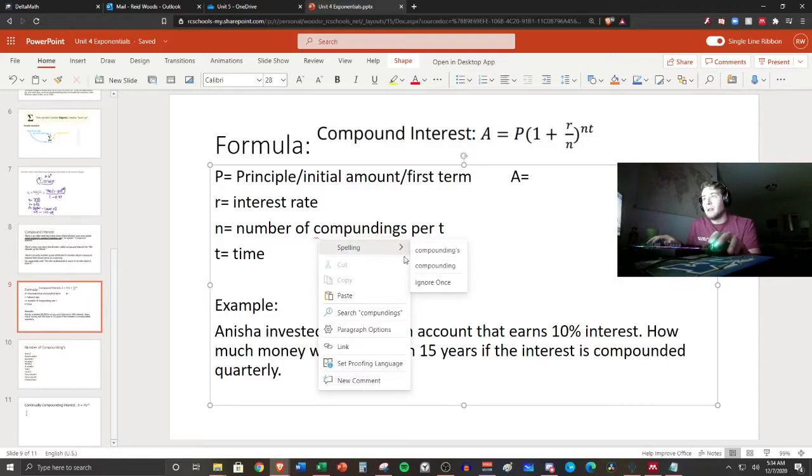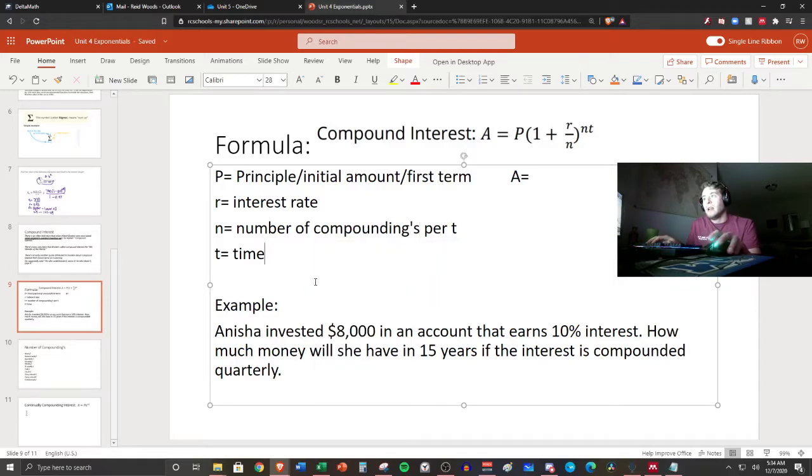So time, and we're going to put next to time usually in years. So typically when we're doing these compoundings, and in real life especially, it's always done on a yearly basis. And you're making monthly payments. That's a typical situation, is that you make monthly payments. But we're going to be going into other intervals of time as well for this.